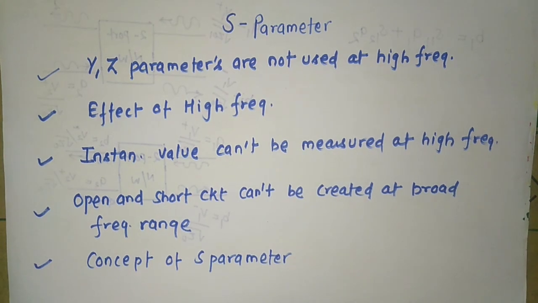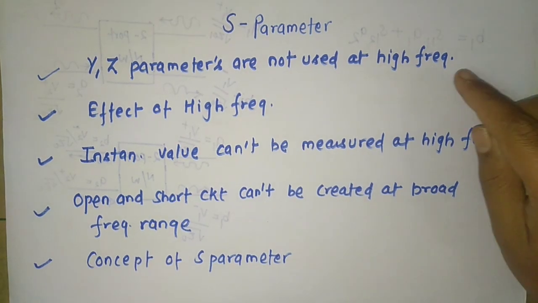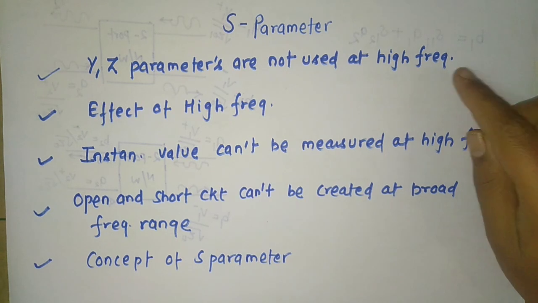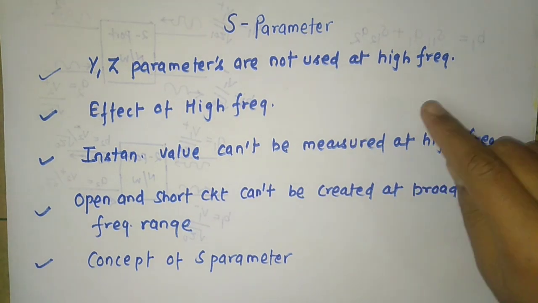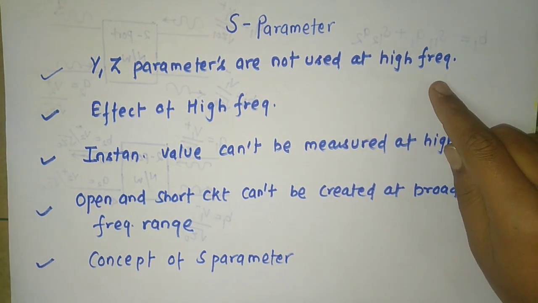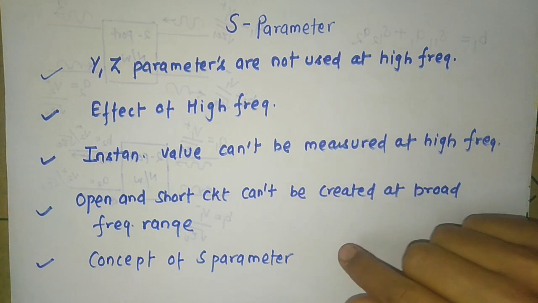In this lecture we will study the S parameter, and we will also try to find the reason why we do not use Y and Z parameters at high frequency. We will see the effect of high frequency.